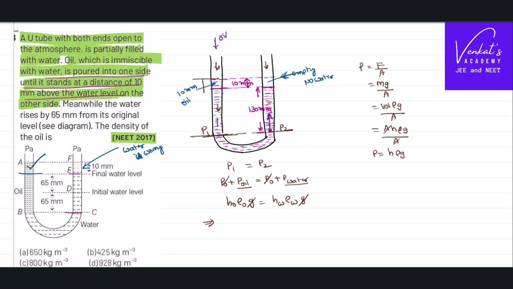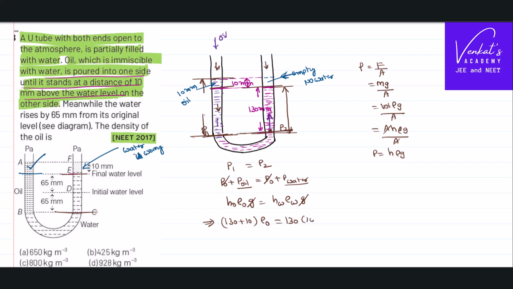Height of the oil is from here to here. This is the height that you want. Here to here is 130. Here is 10 more. So that will become 130 plus 10 millimeter, of course. Density of the oil I have to find out. Height of the water is from here to here. That is 65 plus 65 in the diagram. That is 130.